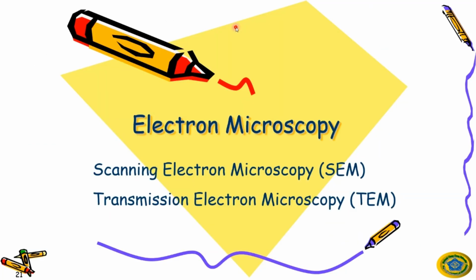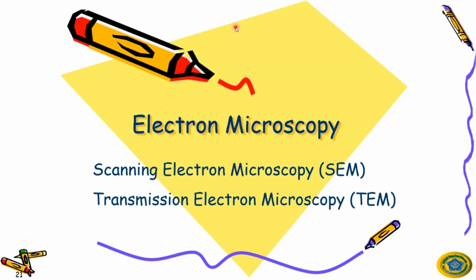Right? So, because of the limit of the optical microscope, you want to have a better resolution. You want to see more details at the nanoscale. So you need the help of the electron microscope. There are two types. The first type is called the scanning electron microscope, which is like reflection mode.